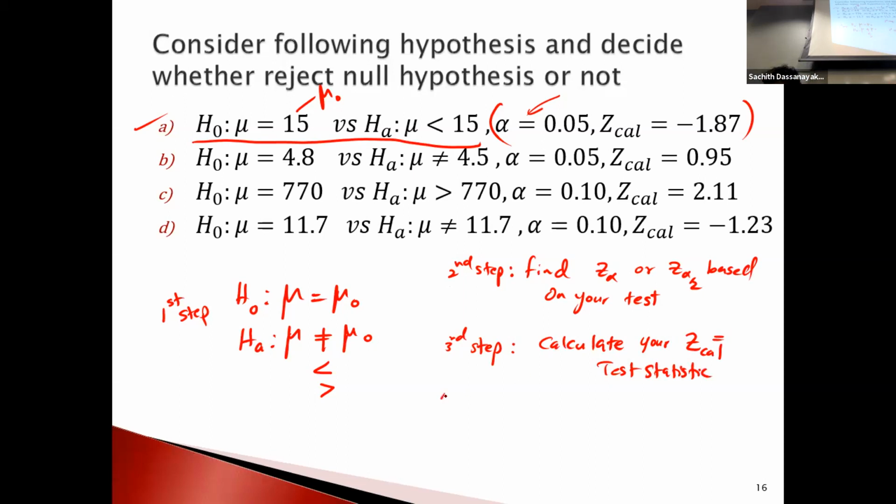Fourth step is compare C alpha or C alpha over 2, based on your problem, with the C cal value. Those are values. Fifth step, take your decision.